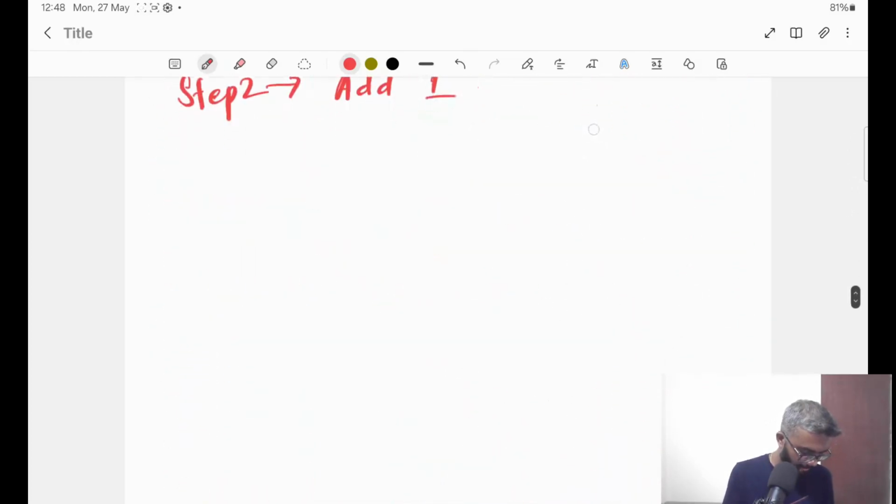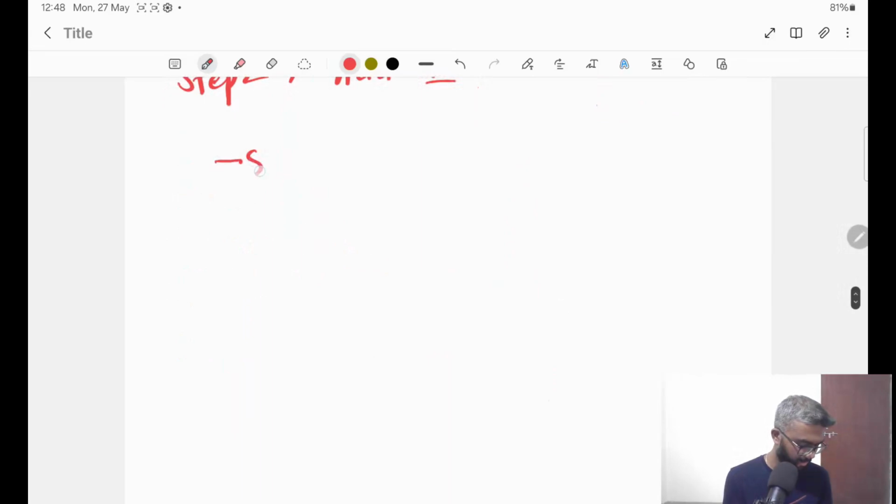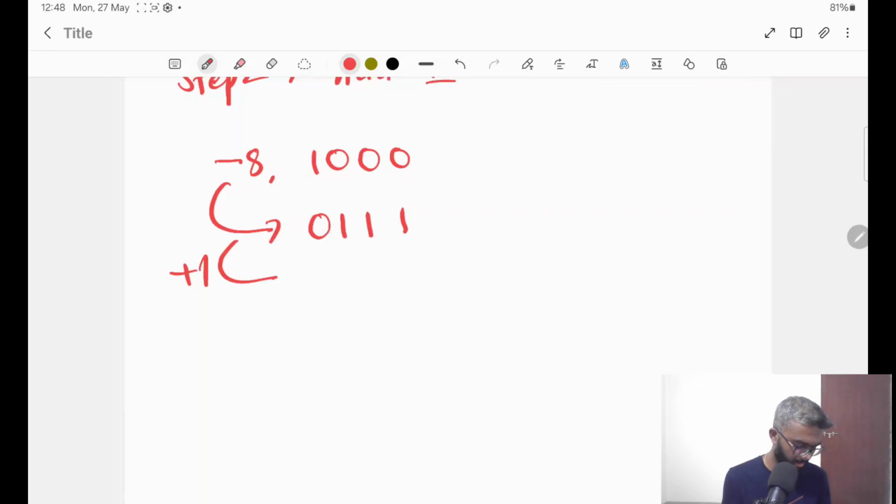So we take this number -8, or its binary representation 1, 0, 0, 0. The first step is we flip all the bits. We get 0, 1, 1, 1. Then we add 1 to this number. So when we add 1, what really happens is that 1 plus 1 is 1, 0.